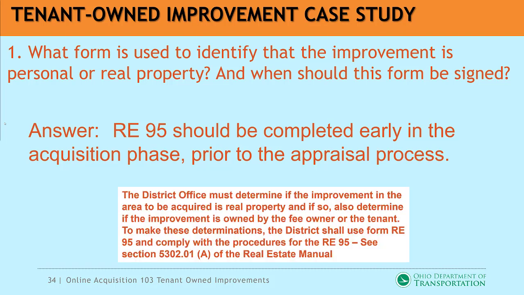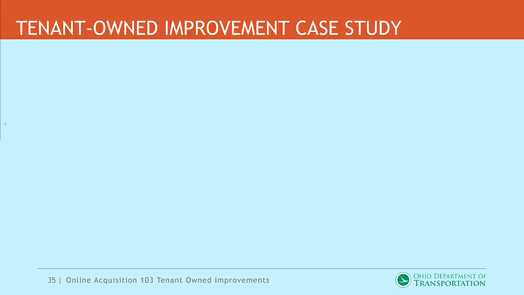The district must determine if the improvement in the area to be acquired is real property, and if so, also determine if the improvement is owned by the fee owner or the tenant. To make these determinations, the district shall use the RE95 and comply with the procedures for the RE95. And of course, we have our manual section that it references, 5302.01.